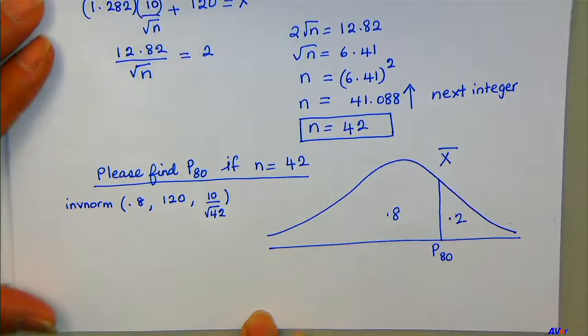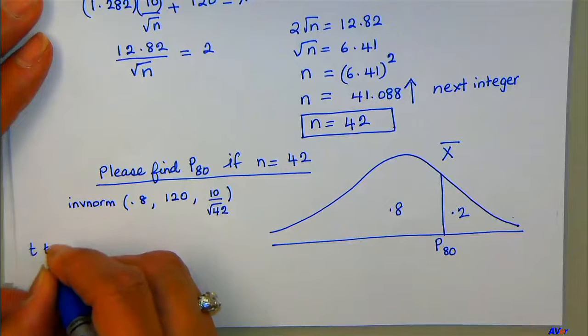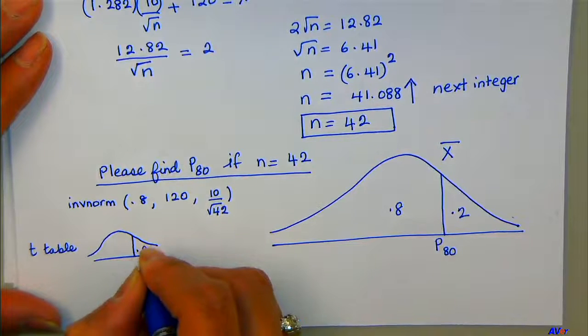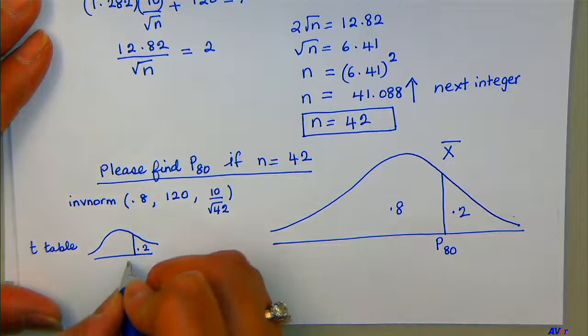To do this by hand, you would first go to the t table. Go to the column for 20% on the t table. Go all the way down. What do you see? 0.842 or something like that? 0.842.